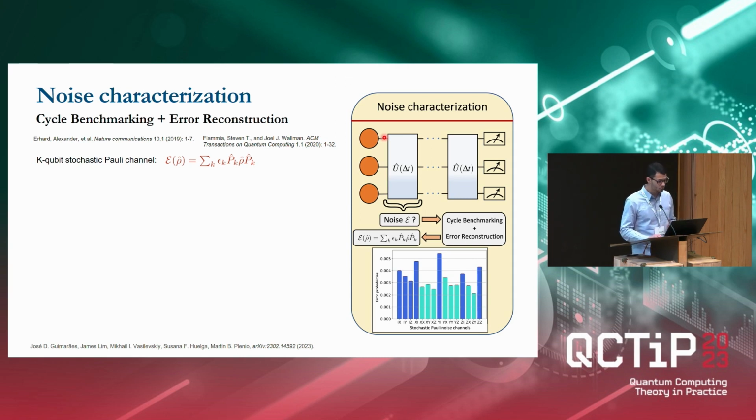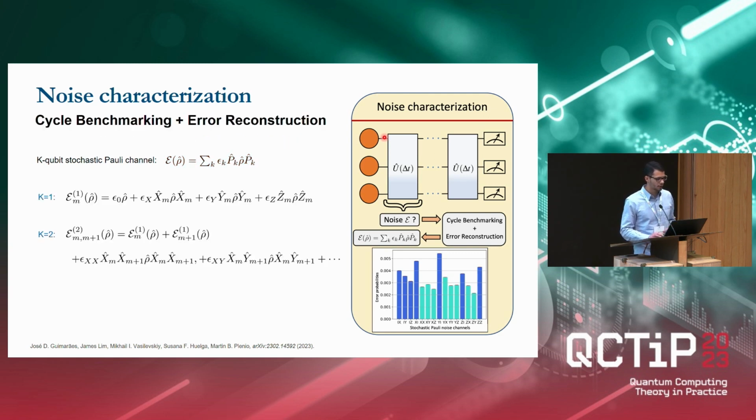To give you an example of a k-qubit stochastic Pauli channel, for k equals 1, we have the single qubit stochastic channel applied to the qubit m, and it goes like this. And for k equals 2, for the 2-qubit stochastic channel, we have a sum of the single qubit stochastic Pauli channels acting on qubits m and m plus 1, and some correlated noise acting on both qubits.